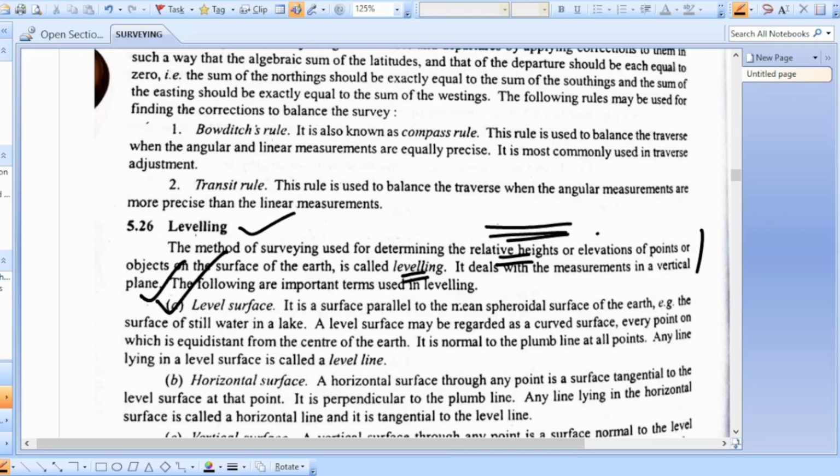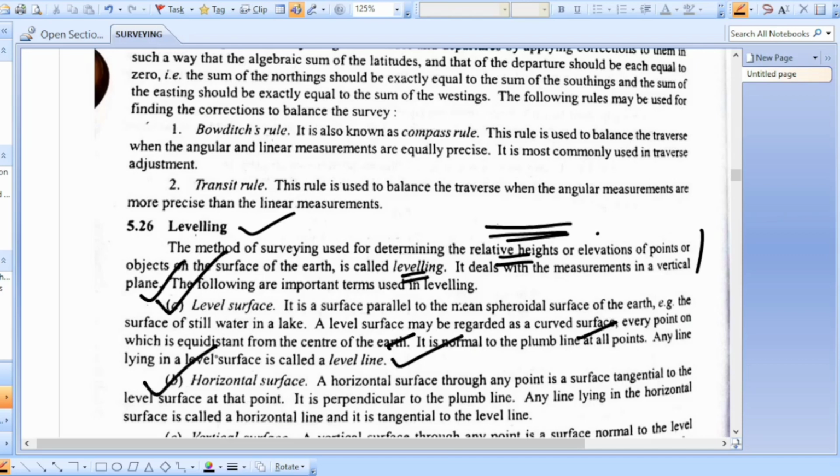A level surface may be regarded as a curved surface, every point on which is equidistant from center of the earth. It is normal to the plumb line at all points. Any line lying in a level surface is called level line.